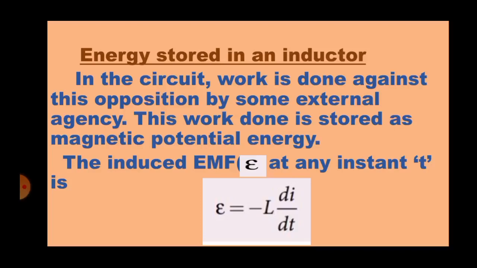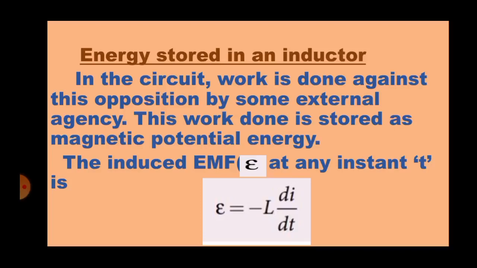So students, whenever current flows through the solenoid, the self-inductance L opposes the growth of current. Hence some work has to be done by the external agents in establishing the current. This work done is stored as magnetic potential energy.